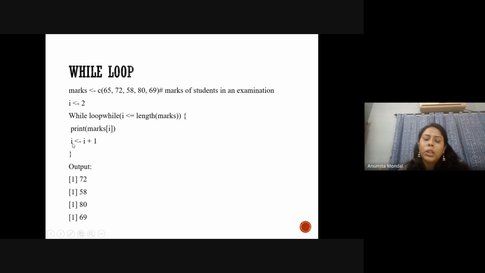If I is equal to 2, then it gives the value 3. In this case, I start from I is equal to 2. So you can see that after we run the program, the output is 72, 58, 80 and 69. As I said, the I value is 2, so it gives you the second, third and fourth values, not the first value. If I put I is equal to 1, it gives all the values: 65, 72, 58, 80 and 69.